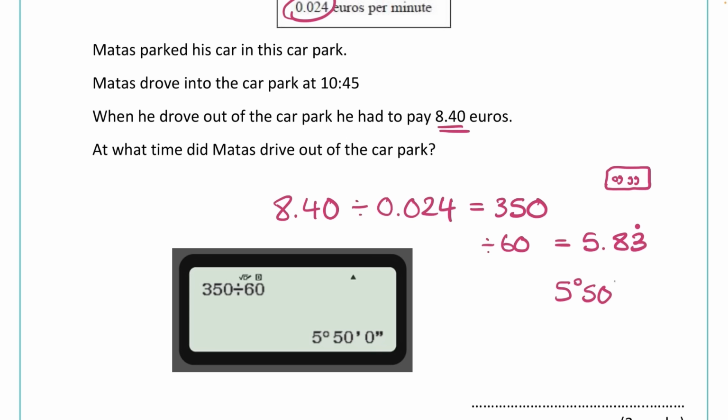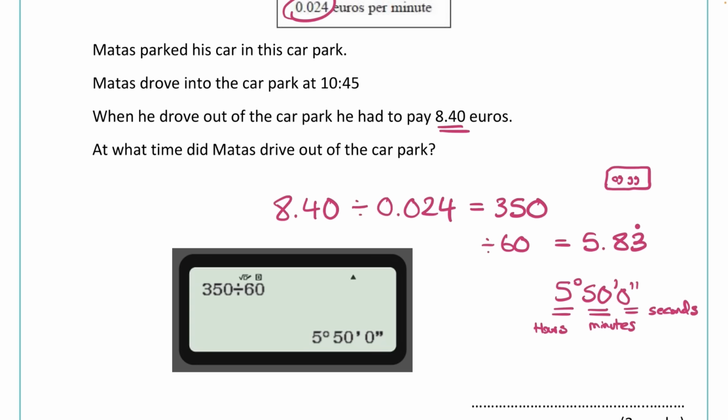It's not, I'll just talk you through. On your calculator, this is the hours, so it's 5 hours. This here is the minutes, so 50 minutes. And this number at the end is the seconds. This only works when you're converting hours to minutes, but there we go, we know it's 5 hours and 50 minutes. That was one method of doing it.